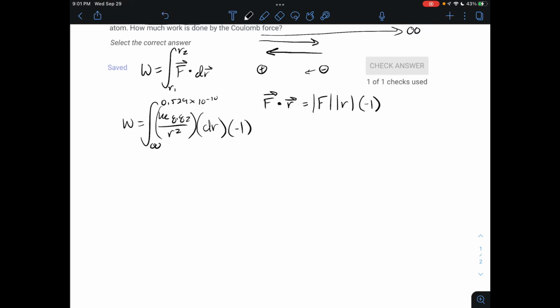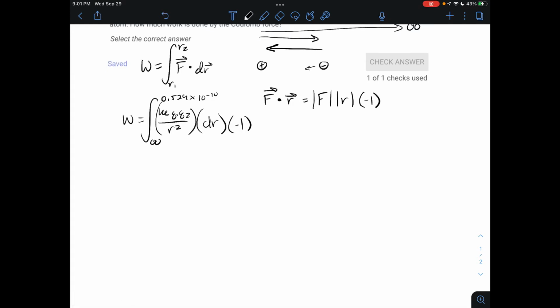Now I don't want to take this integral because it kind of looks like a mess, so I'm going to start pulling out some of the constants. This entire numerator is all constant, and also the -1 we can pull out as well. That's going to give us a negative KE Q1, Q2 times the integral from infinity to 0.529 times 10 to the negative 10th of dr over r squared.